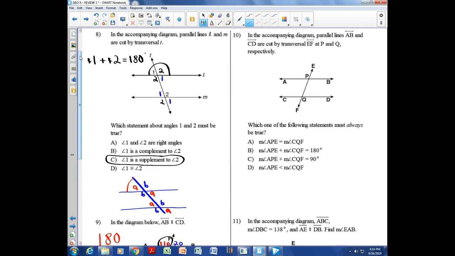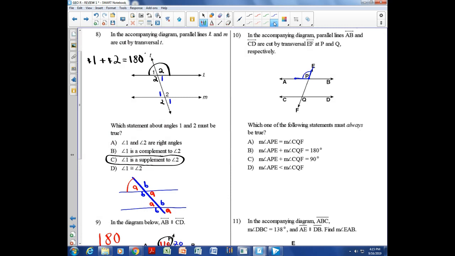A, the measure of angle APE is equal to the measure of angle CQF. Well, one system that I like to use when I have three-letter names of angles is to just follow the dots. So angle APE is an angle that comes from A to P towards E. So you can see there's that angle, angle APE.